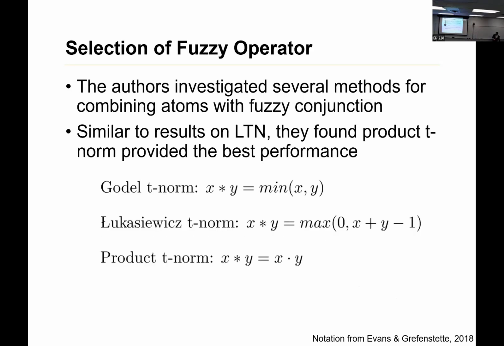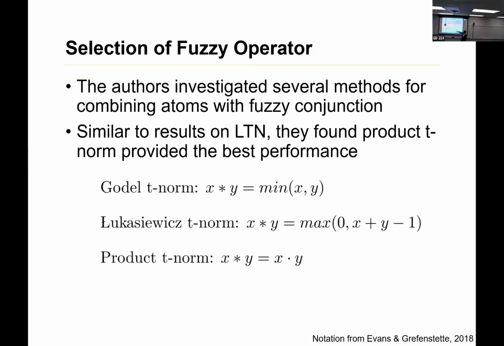All right, so one more thing. We had that function f, where I said the rule gives the result that goes into the vector, but I never said how it was done. The fuzzy logic behaves the same way as in logical tensor networks, and since the bodies of all rules are conjunctions, the authors explored a couple of different things.